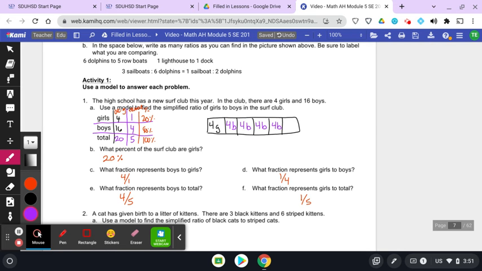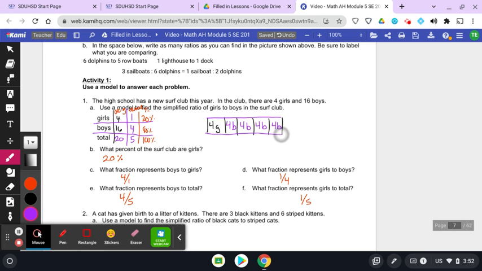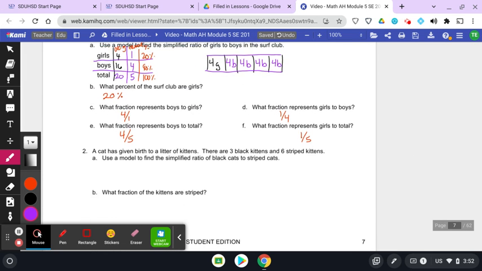I drew too many sections there. 5 total sections. Okay, so that would have been my reduced model. Okay, I like doing the chart.